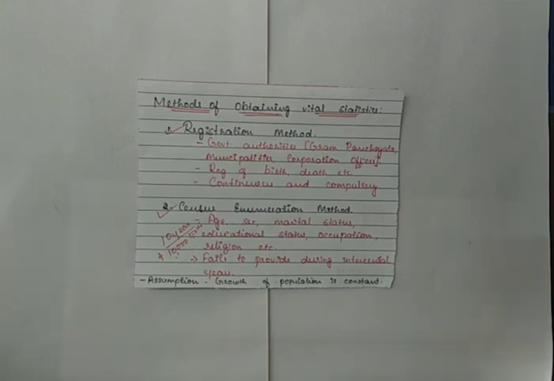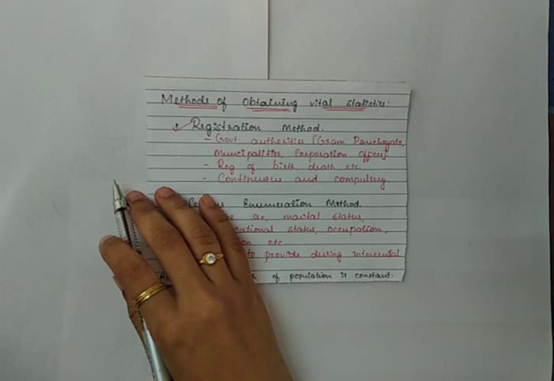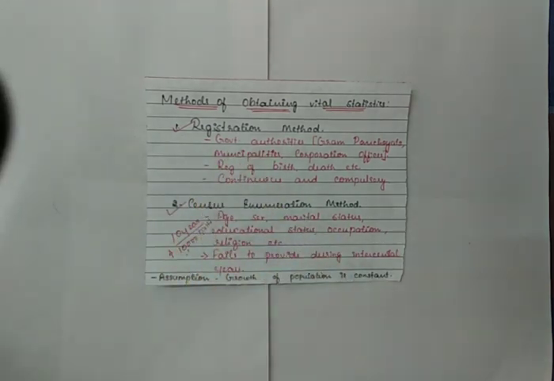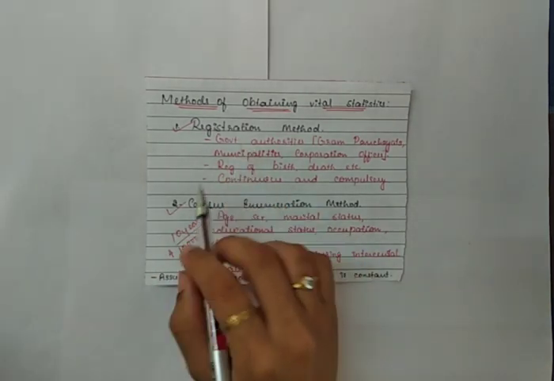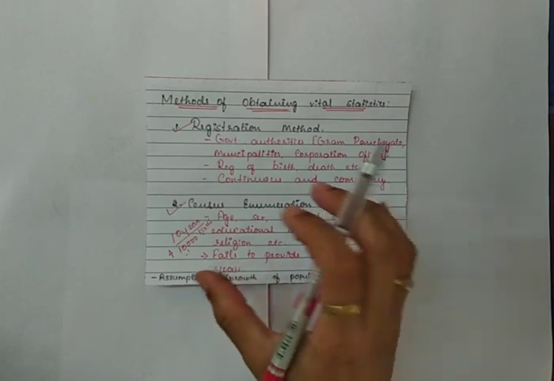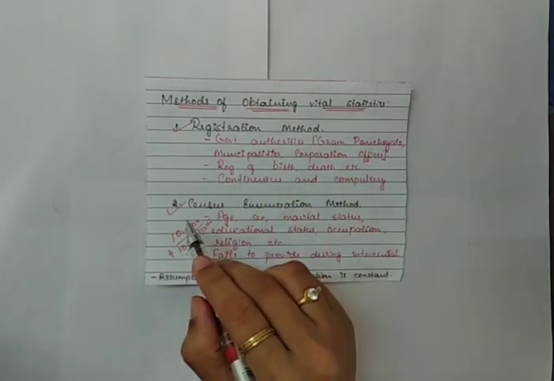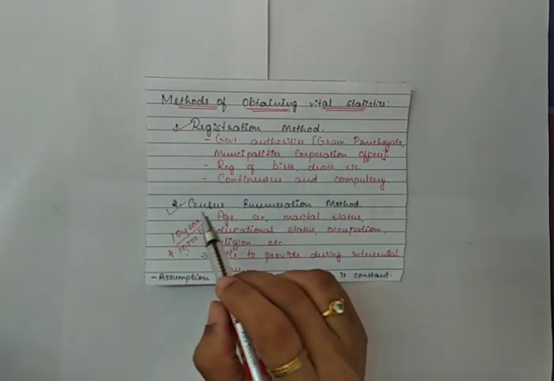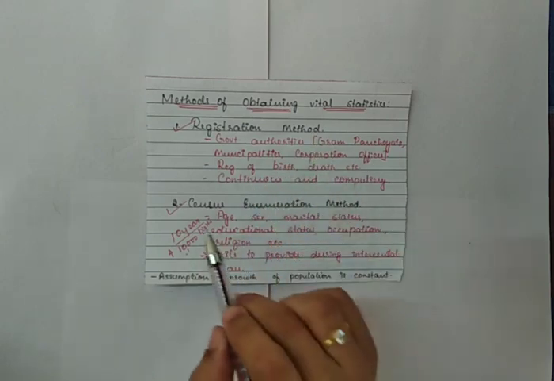Now let us see the different methods of obtaining vital statistics. Here you can see two methods, registration method and census enumeration method. Under registration method, there is already a record maintained by government authorities like gram panchayats, municipalities, corporation offices. They maintain the registration of births, deaths, everything.